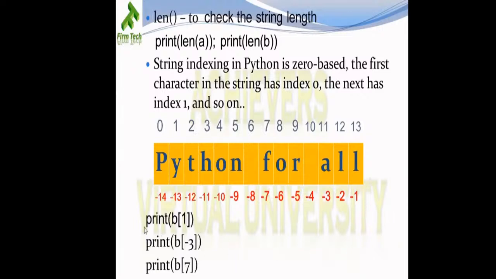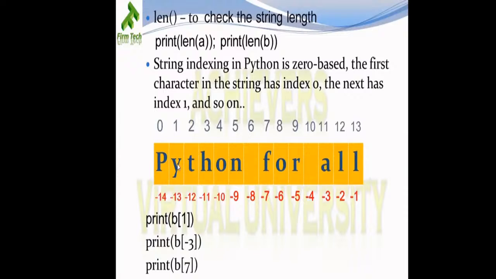So if you print B[1], B is our string. Already we have assigned this Python for all to the variable B. So the variable name is B, and the index number is 1. If you print a statement like this, you may get Y as output.